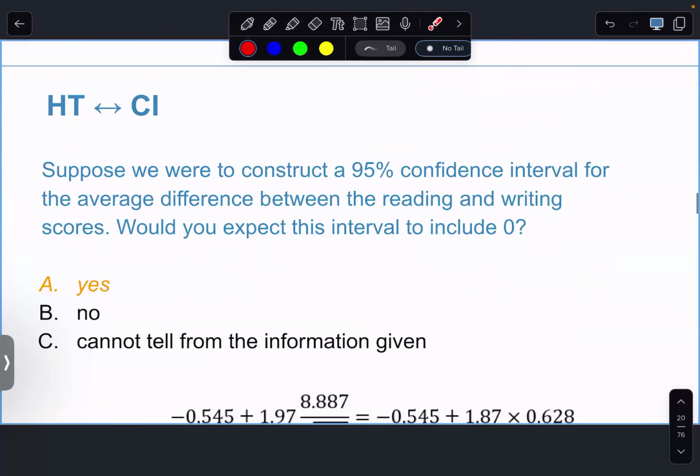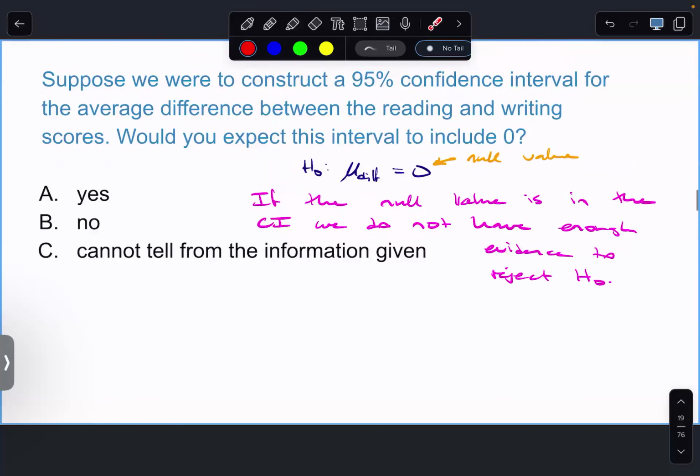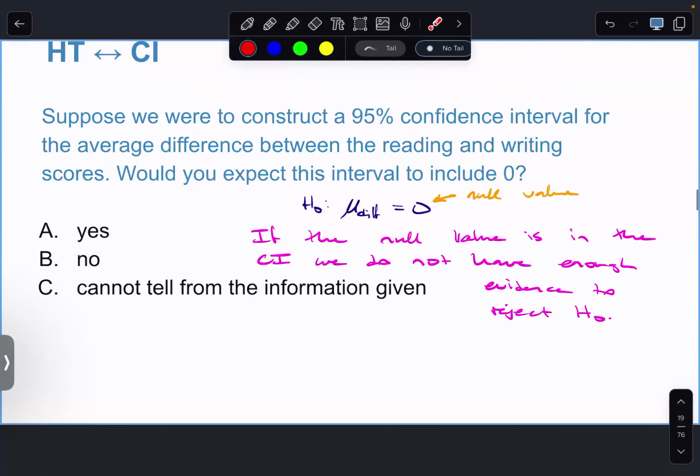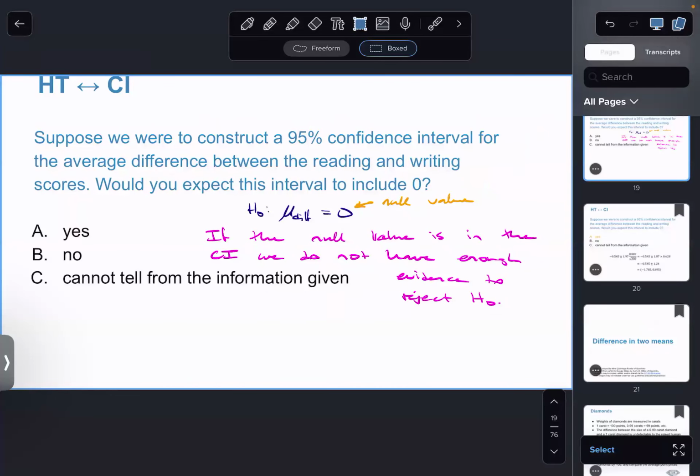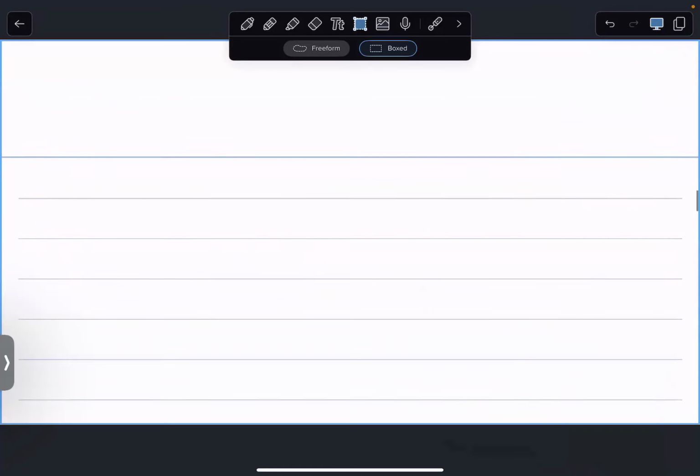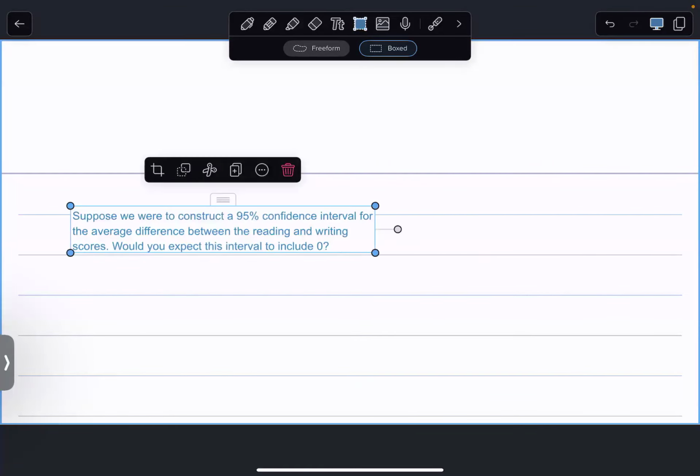Okay. And what I want to do is I want to make the confidence interval together. Put it here, just to see it.